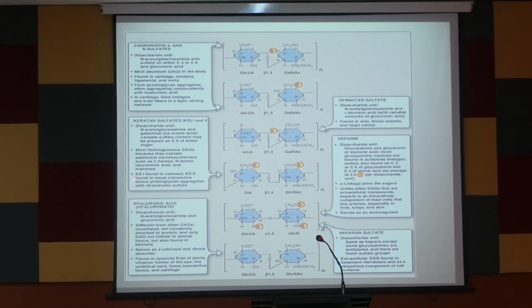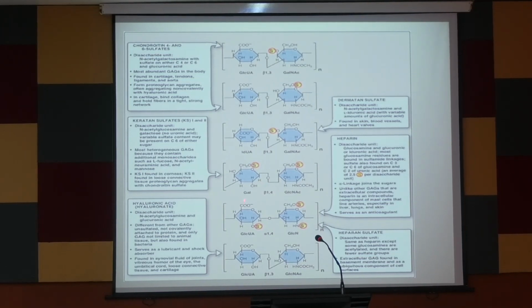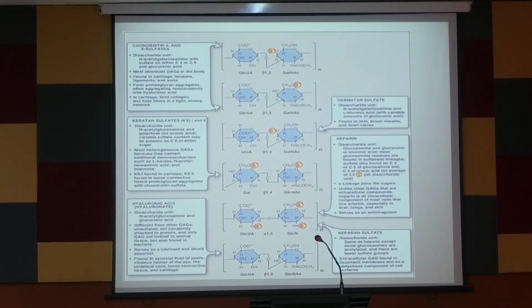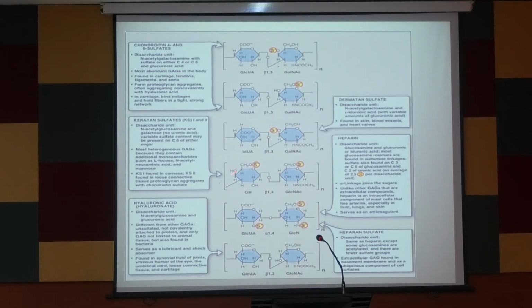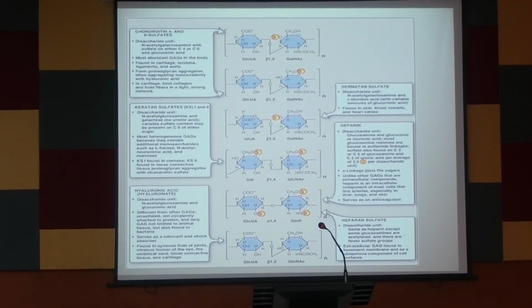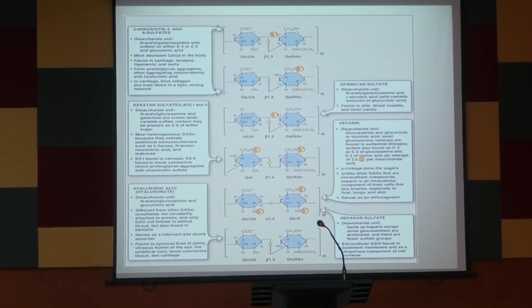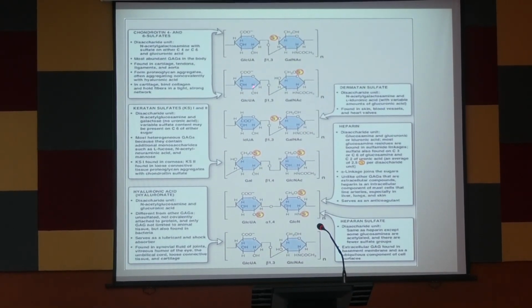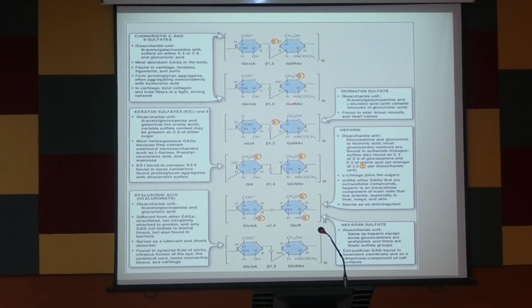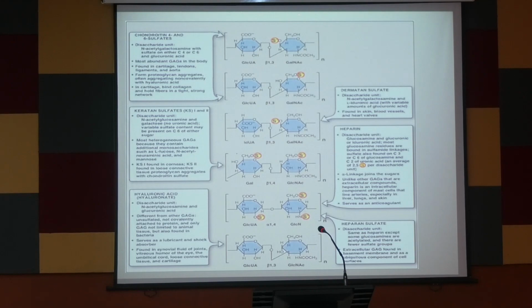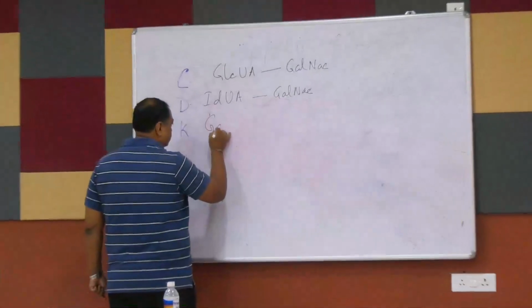So, keratan sulfate, K means Gal, and this is what? Exchange. The Gal comes here, glucose goes there. See, crisscross. GlcUA becomes GlcNAc. GalNAc becomes Gal, removing the NAc.